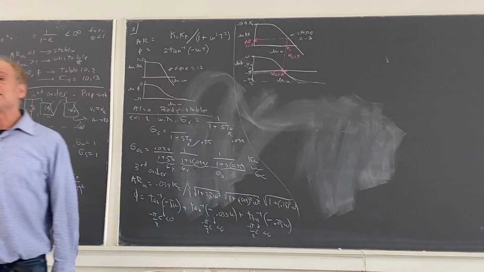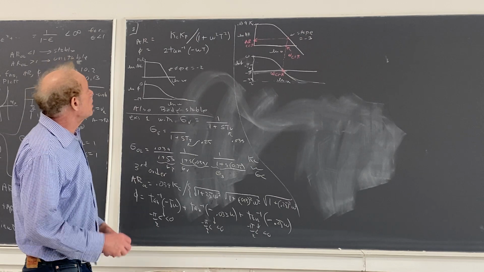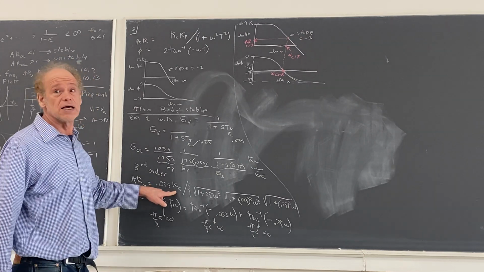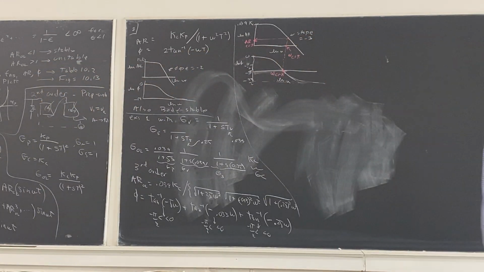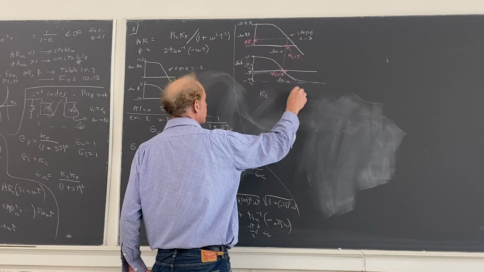And now we ask, is AR critical greater than 1 or less than 1? If it's less than 1, then stable. If it's greater than 1, it's unstable. But notice that the amplitude ratio in this case depends on Kc. So we can run the numbers for different values of Kc. So here we have Kc, and here we have the amplitude ratio.